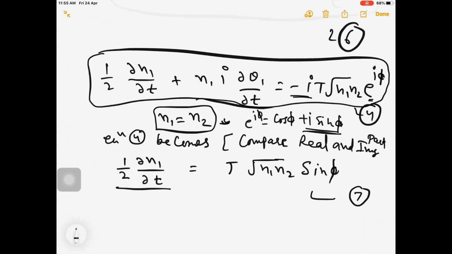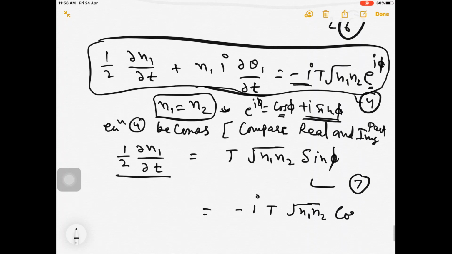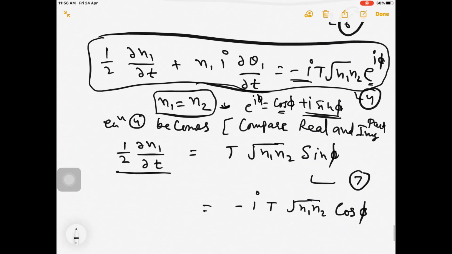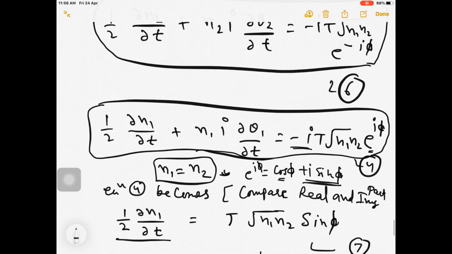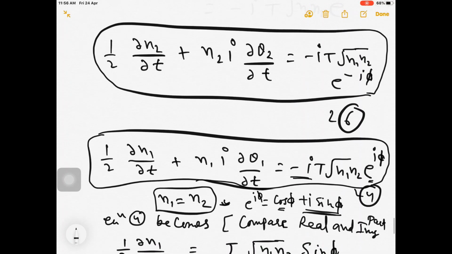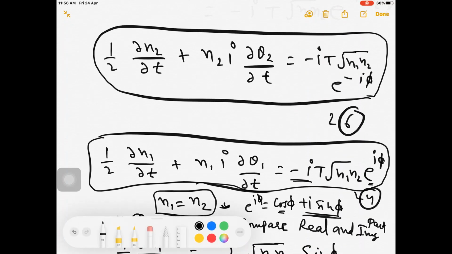Similarly, for the imaginary term, you can see that the imaginary term in the right hand side will be minus iota t under root n1 n2 cos phi, and the imaginary term in the left hand side will be iota n1 del theta 1 divided by del t. You can eliminate iota by iota, so equation 8. Similarly, we can break equation 6 into real and imaginary parts, and let me copy it from here.